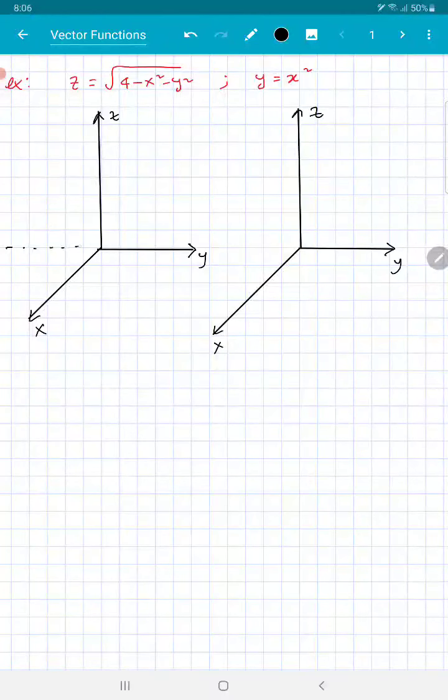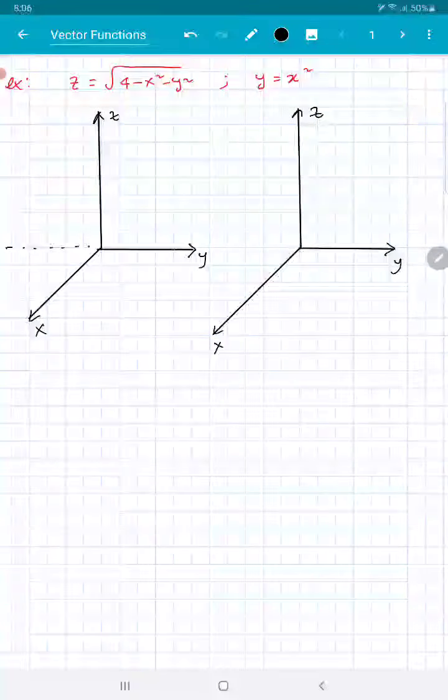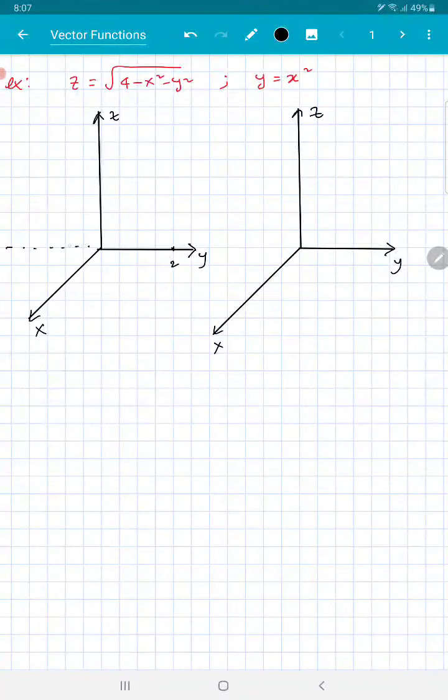For the first surface, z equals square root of 4 minus x squared minus y squared, that is an upper hemisphere because we have the positive root and the radius of the sphere is 2. So let's say this is a 2, this is negative 2, and this is also a 2.